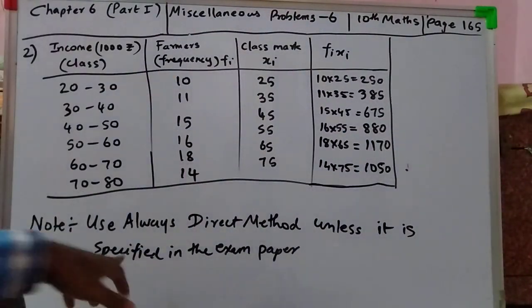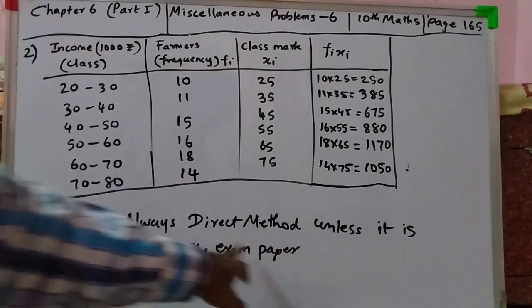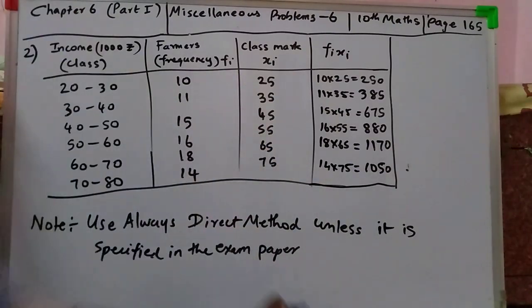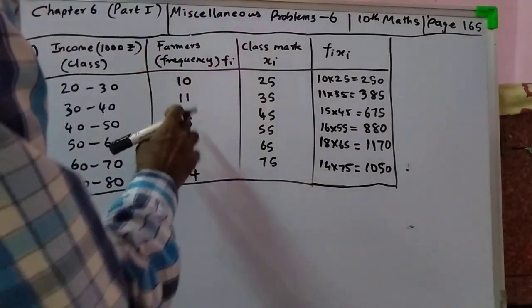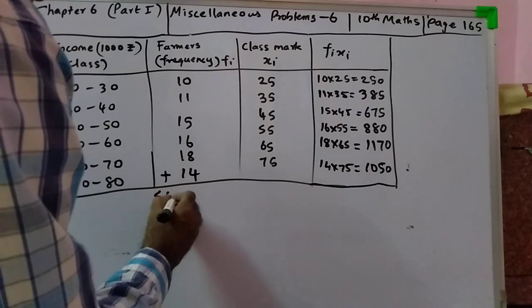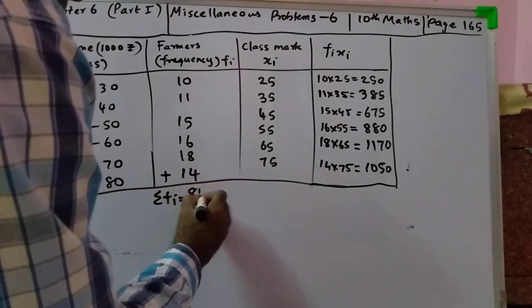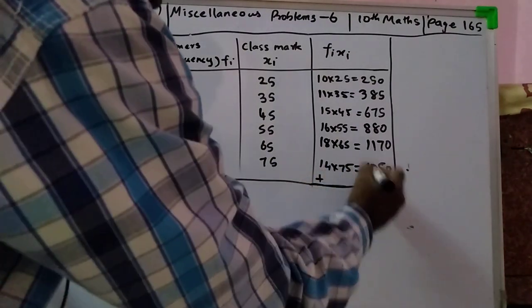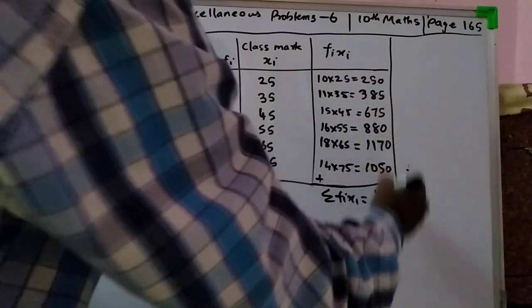Now always use the direct method unless it is specified in the paper. Okay, we'll use the direct method. Take the total, means add it: summation of fi, add it, and here also add all the summation of fi xi.